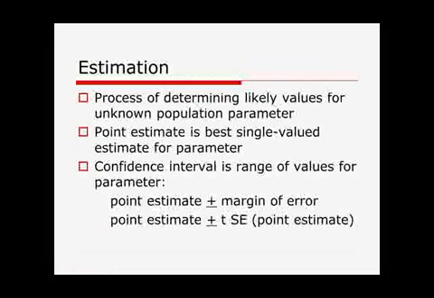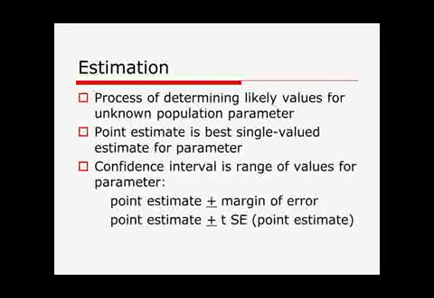All right. Okay, so estimation, as I said, it's determining likely values. That's an important word, likely values for unknown population parameters. And there are two kinds of estimates. One's called a point estimate, which is the best single number estimate for a parameter. So that's your best estimate based on the data of what you think a value is. And then there's a confidence interval estimate. And a confidence interval is a range of values for a particular parameter.